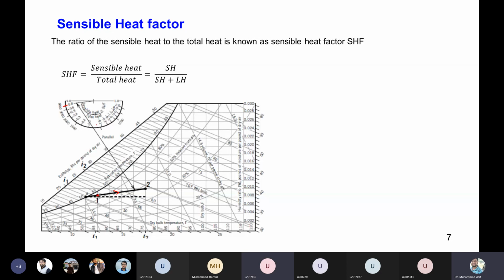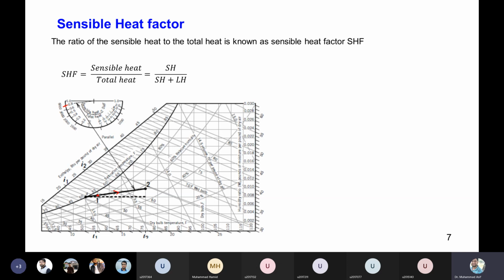That means you can directly see how much is the portion of the sensible heat for this heating and humidification process. So this will give you the value of the sensible heat factor, and in this case you can see the sensible heat factor is approximately 0.8.